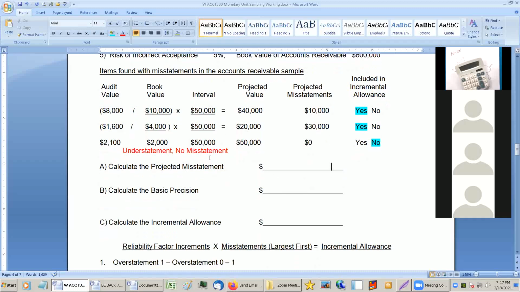Okay, so the projected misstatement would be adding all these up. So 10,000 plus 40,000.